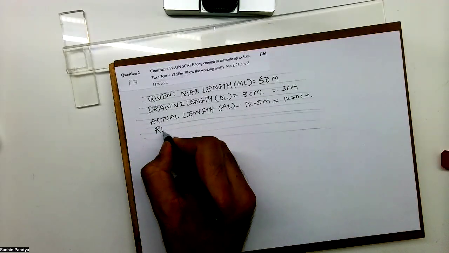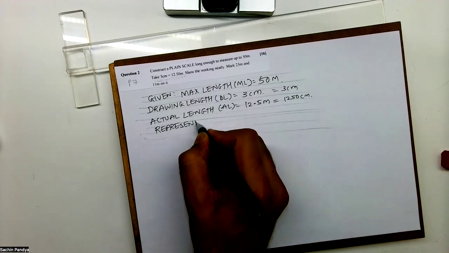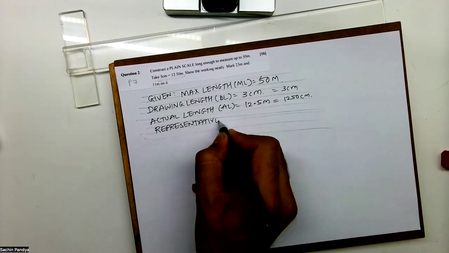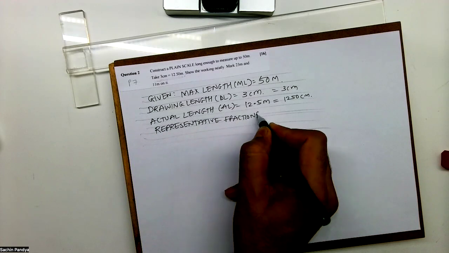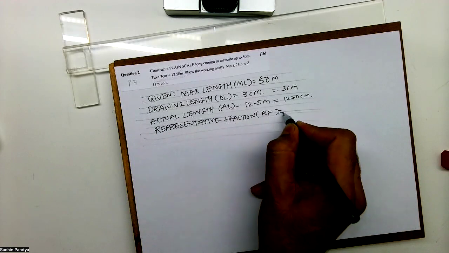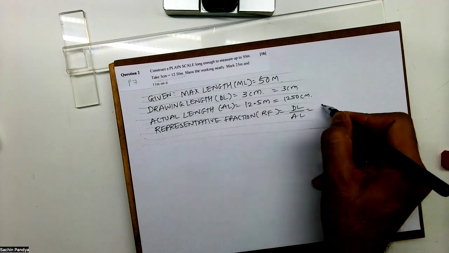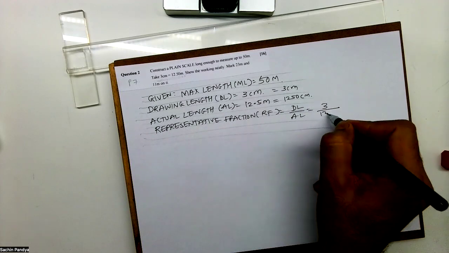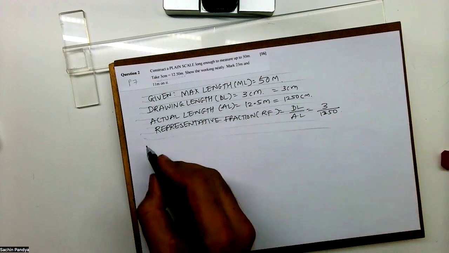So representative fraction, RF is equal to what? Drawing length upon actual length. What is drawing length? 3. What is actual length? 1250. So this is your RF.